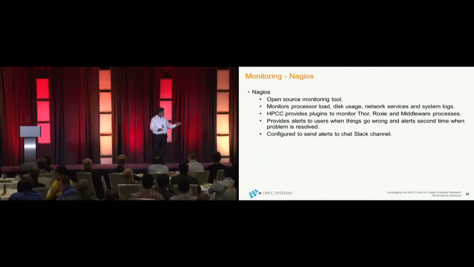So Nagios sends out alerts when there are issues with any of the system resources or any of the HPCC processes. We also configured Nagios to send alerts to an online chat tool that we use called Slack. And this is really useful because it's easy to monitor the clusters during off-work hours.